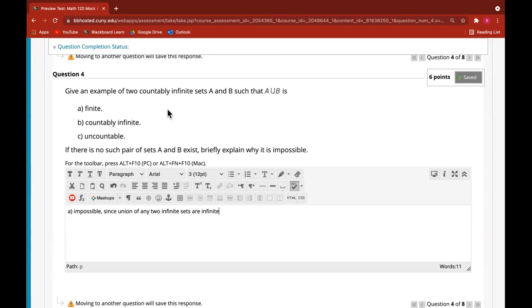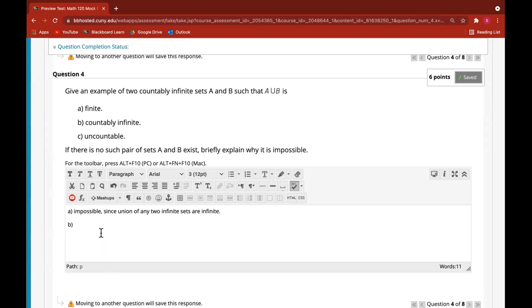Right, so it asks you to give an example of each of the three conditions. So the first one is impossible. So we cannot find A union B where it's finite.